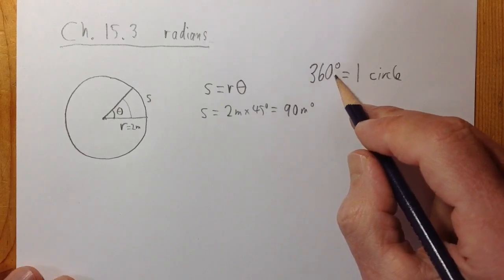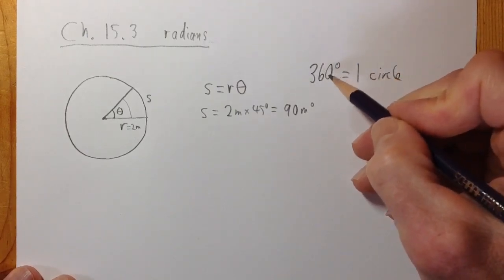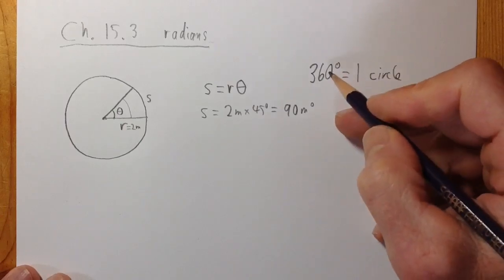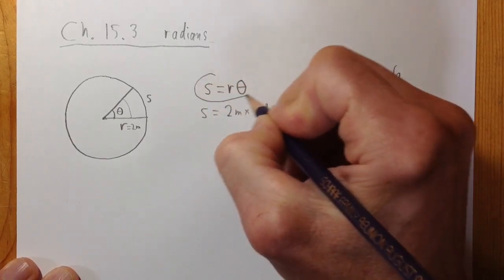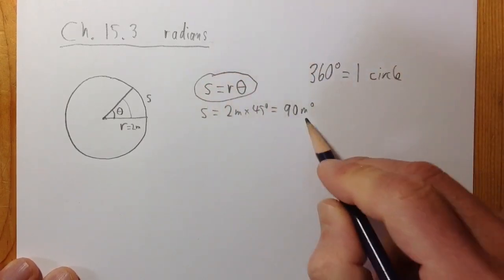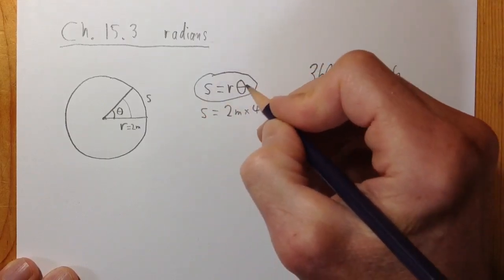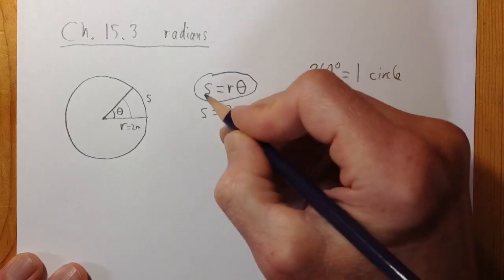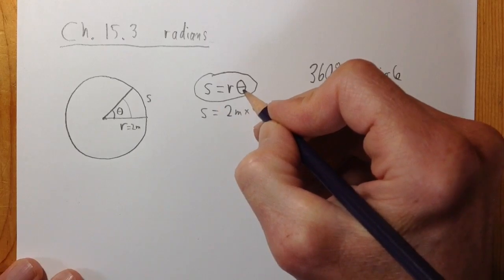I bet some would, because, like I said, 360 is such a nice number. You can divide it in lots of pieces, but it's just a human-made random thing. It would be nice if we could just use this formula without having to worry about what unit we're using. Why don't we just use S equals R theta and measure theta in a unit that makes sense? So the distance you go is R times the number of new degrees.